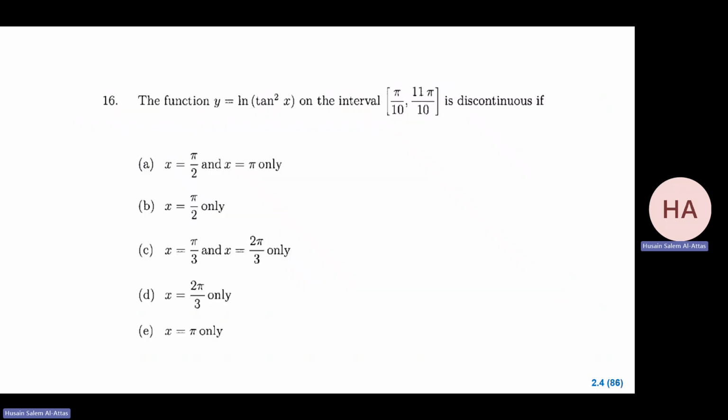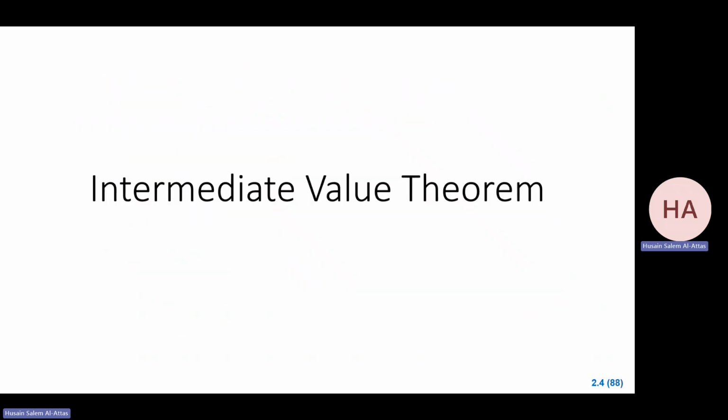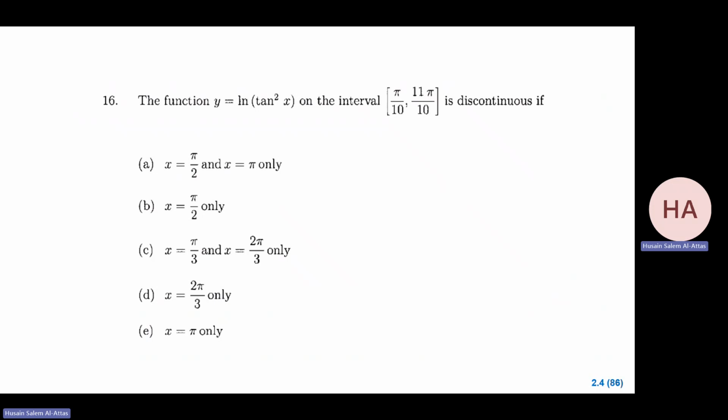Now let me check this one. I have 2 more to go. Ln of tan squared x. I think these are too complicated, but let me do it. I need to be careful here.